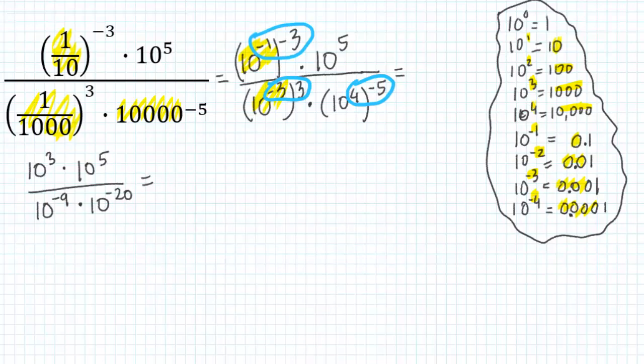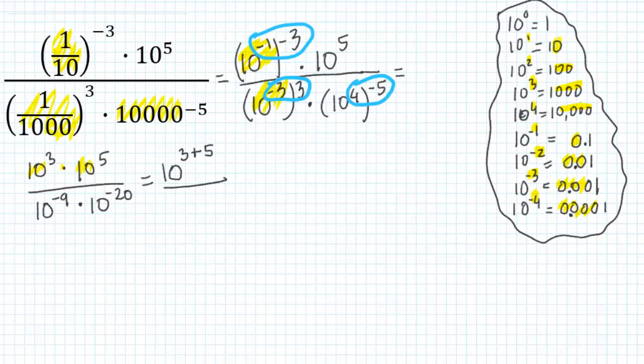Now our problem simplifies even more. Remember, when you have the same base, so we have 10 and we have 10, and when you have multiplication, what you do with the exponent is you add them. So 10 to the third times 10 to the fifth is the same as 10 to the power of 3 plus 5.